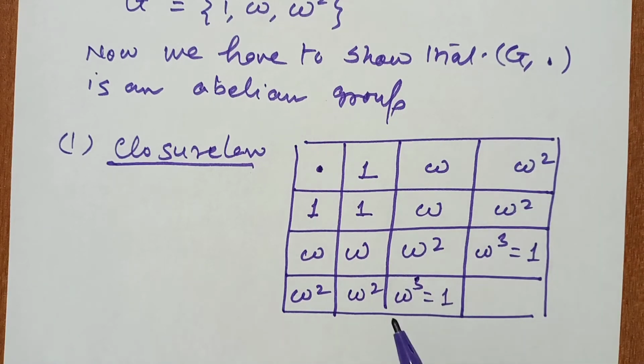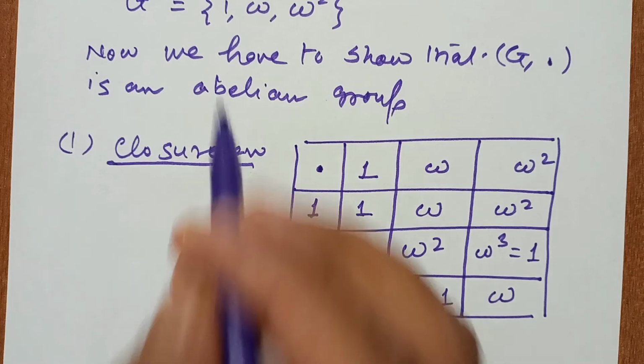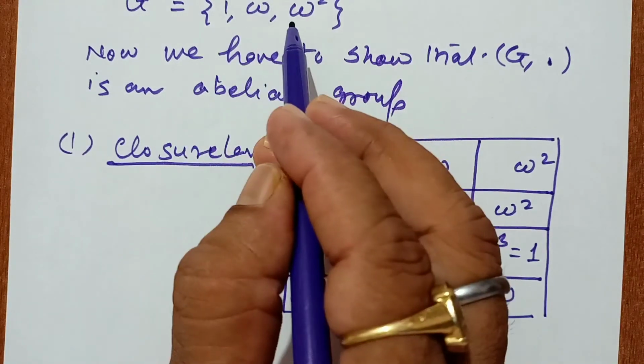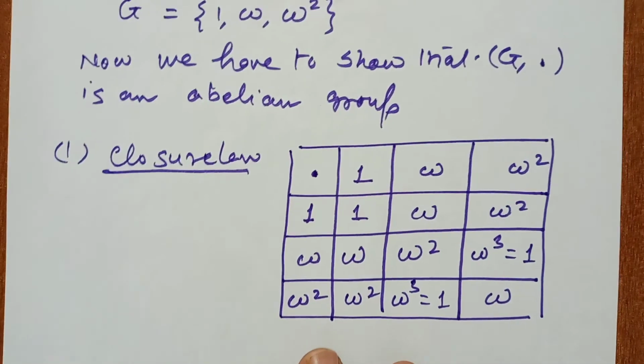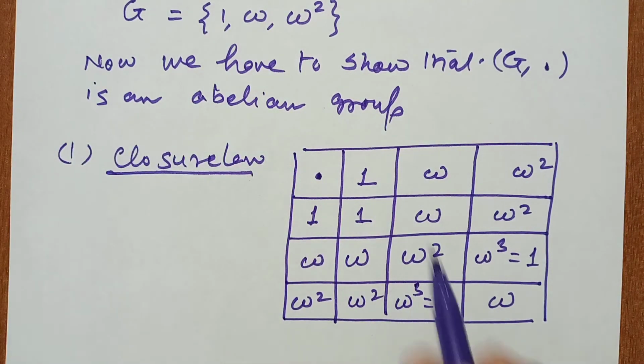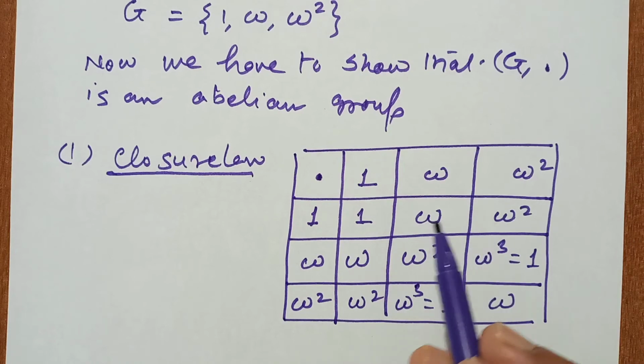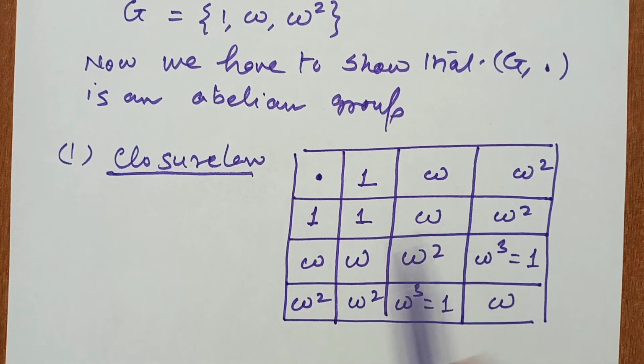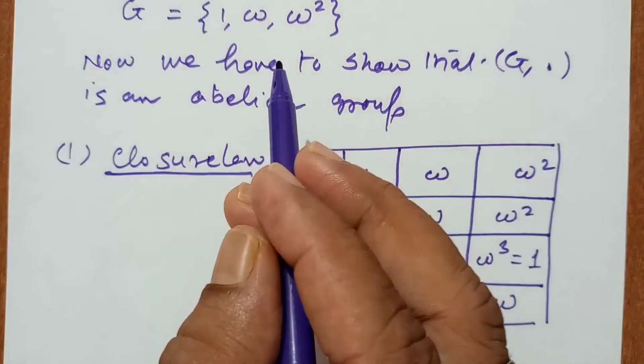Omega square into omega square, omega 4, which is omega cube into omega, equal to omega. So it is very easy. Closure law means if you multiply any elements, for example omega into omega square, the new element will also be in G. Since all the entries in this group table are elements of the set G, G is closed with respect to multiplication.